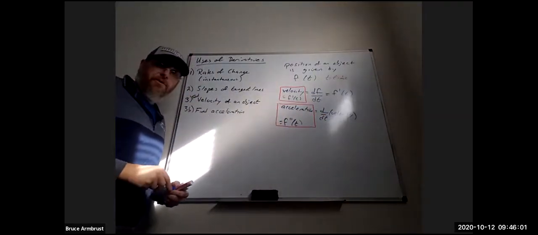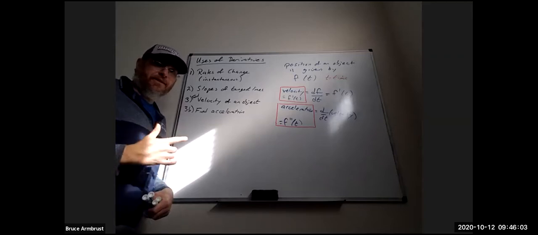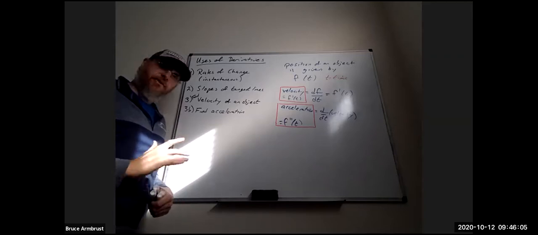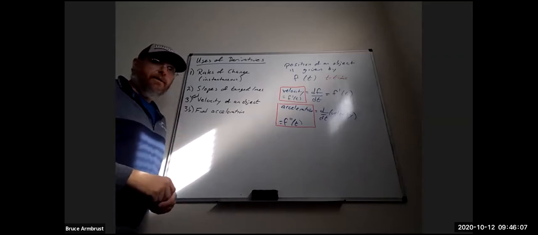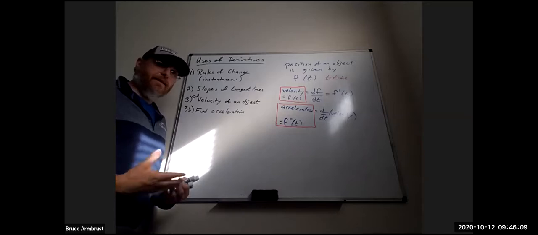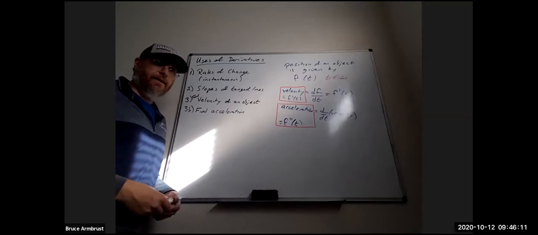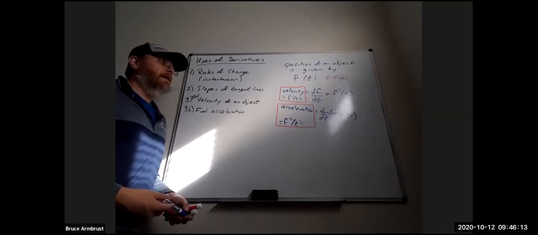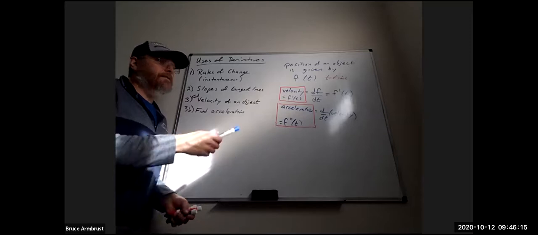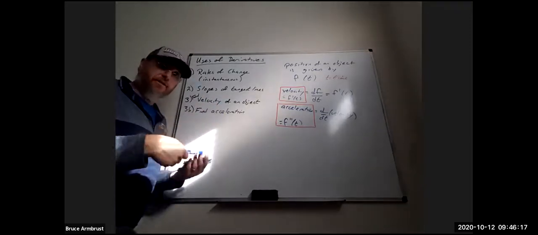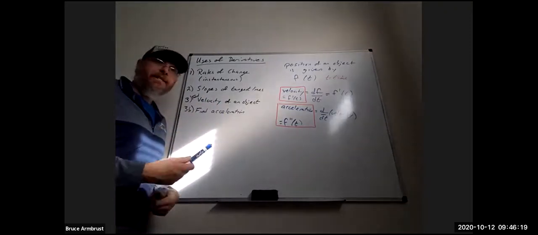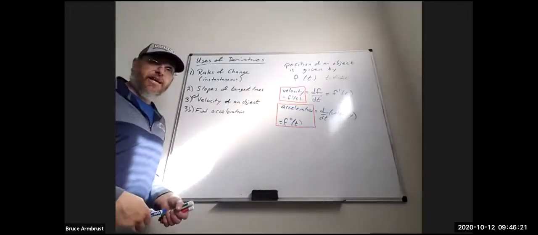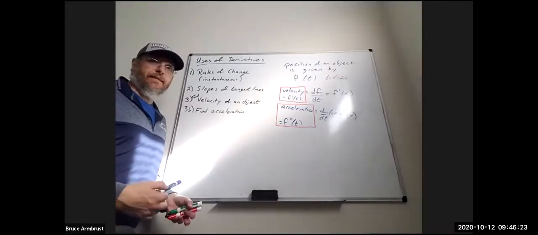And for those of you who have taken your physics, you see why this is a big deal. For those of you who haven't taken physics yet, you'll see why this is a big deal. Because everything in classical mechanics, talking about how objects move, comes down to finding velocities and accelerations and positions and their interrelationship. And it turns out it's just differentiation. That's it.